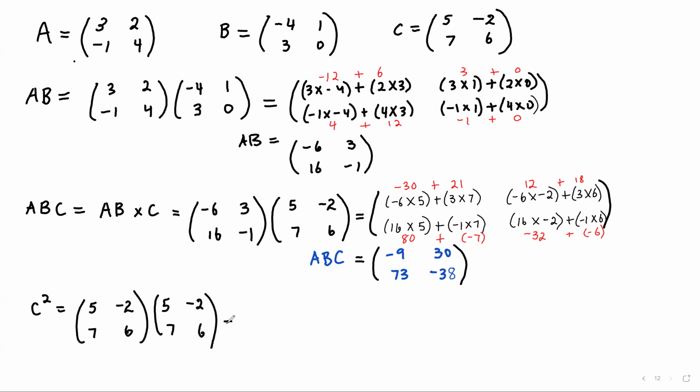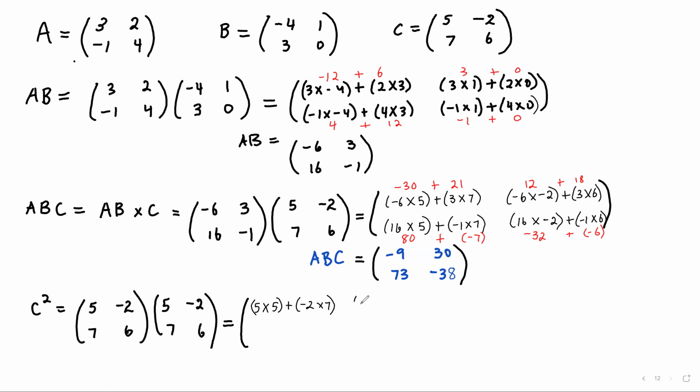So this would be equal to, let's go, row 1 times column 1 would be 5 times 5 plus -2 times 7. Then same row 1, but now column 2.